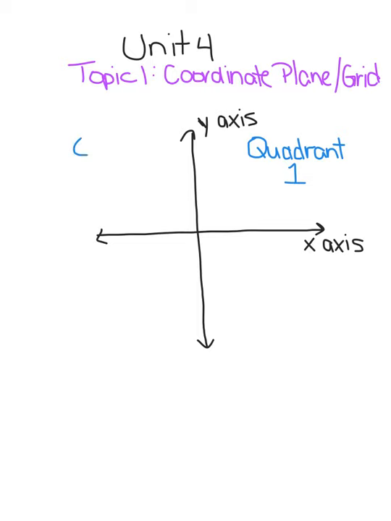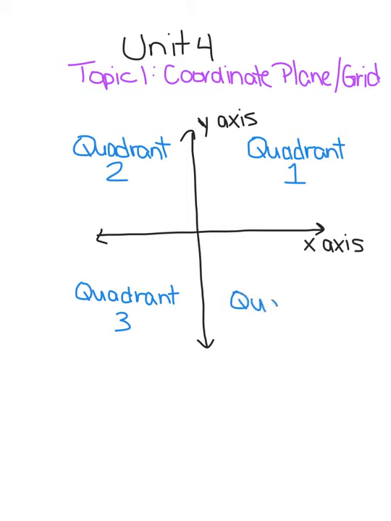Quadrant 2 is over here to the left. And then we go down below quadrant 2 to get quadrant 3. Q-U-A-D-R-A-N-T. There's quadrant 3 down below. And then we're going to go to the right to do quadrant 4. All right, so these are the 4 quadrants.